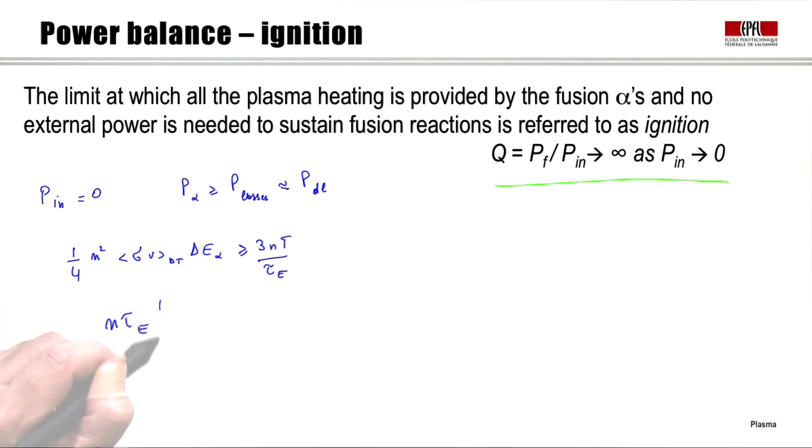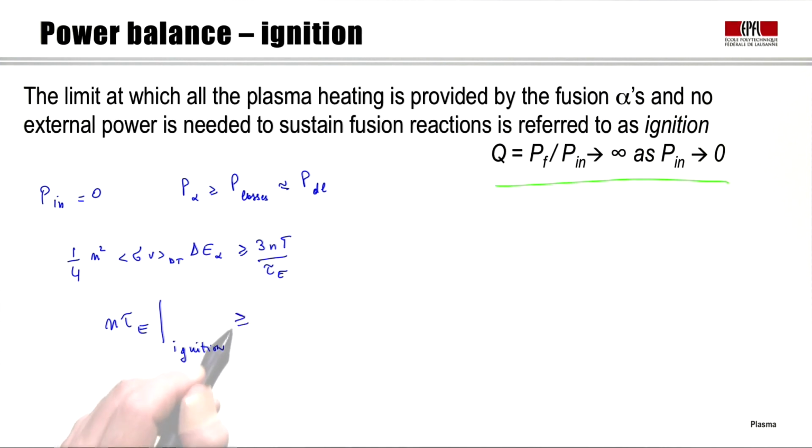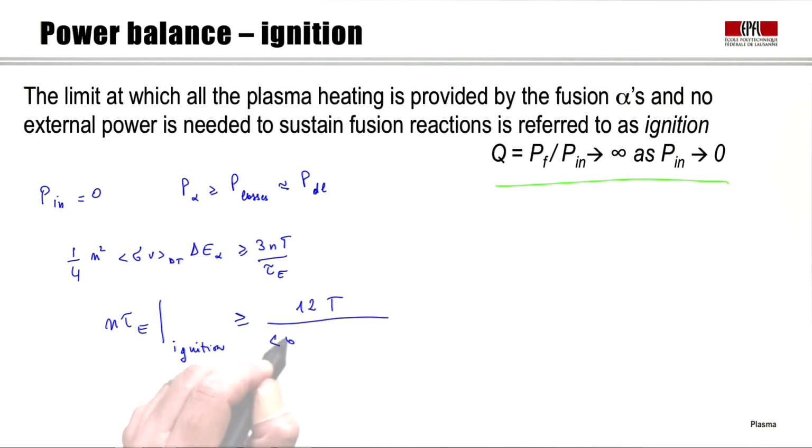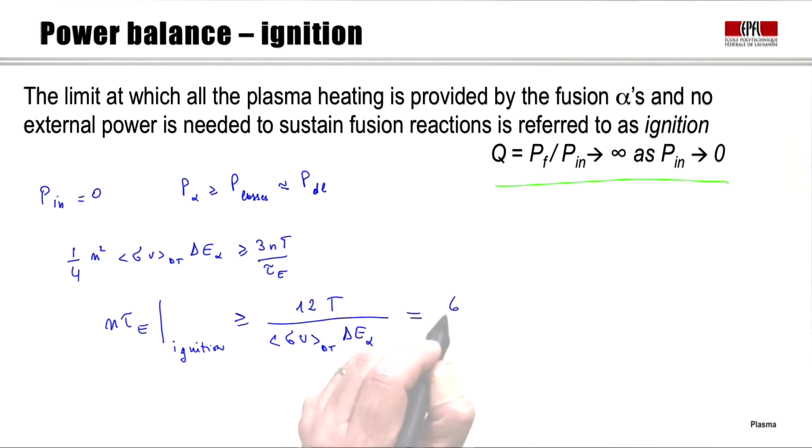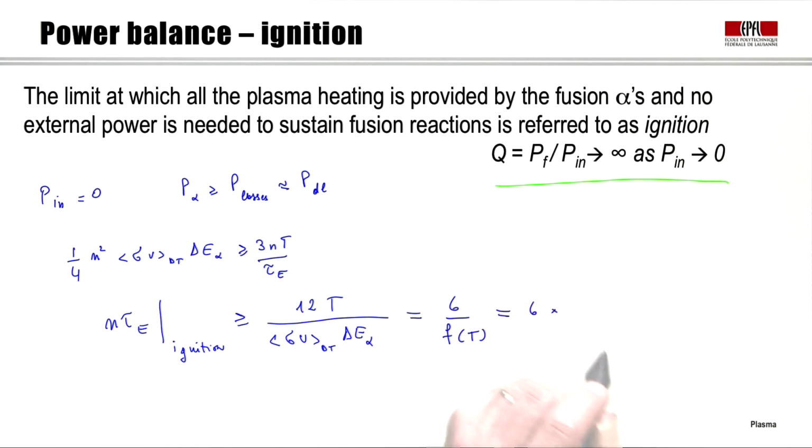So that means I can write n times tau E at ignition and impose that it be larger than 12 times the temperature divided by sigma V times the energy that the alpha particles carry after a fusion reaction. We notice that that is 6 times 1 over f of T, where f of T was the function that described break-even introduced before, which we can write as 6 times the condition for break-even in terms of n tau E.